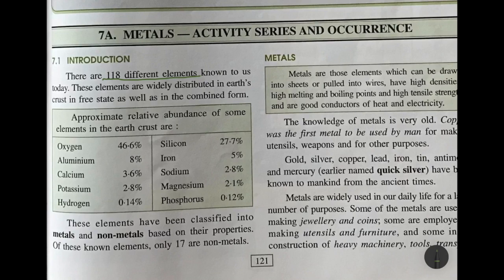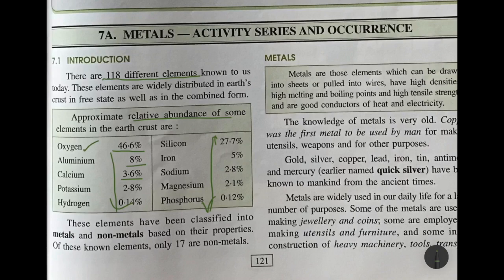Now, the approximate relative abundance of the metals on the Earth's crust: you can see oxygen highest at 46.6%, aluminium 8, calcium 3.6. You can see in this table how much of each element is present on the surface of the earth.